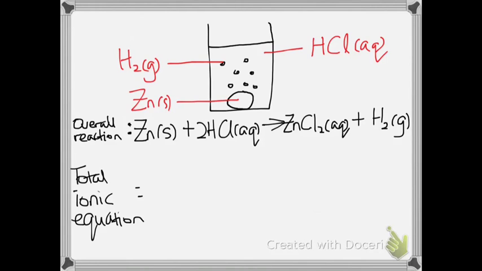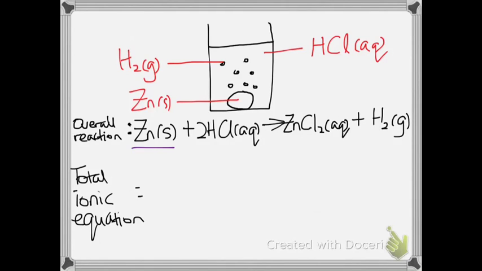Now, for our first example, let's take a look at an acid-metal reaction. In this case, we are reacting zinc with hydrochloric acid, right, and for it to form zinc chloride solution and hydrogen gas. Now, for the ionic equation, let's take a look at how it should be written. Firstly, let's look at zinc.